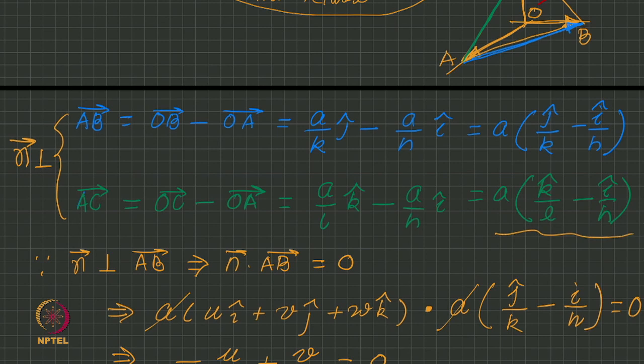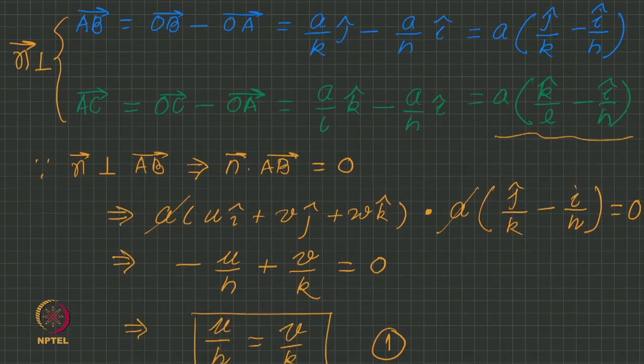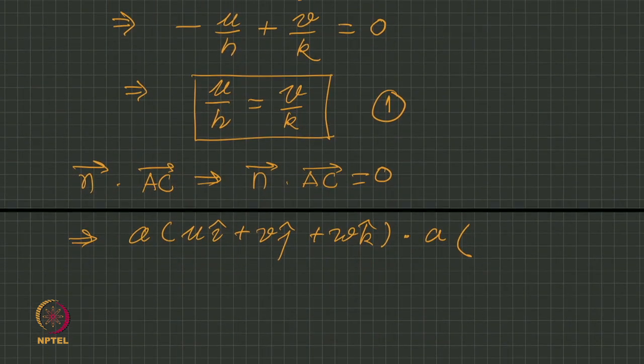Remember, we have found AC, k by L minus i by h, A times k by L minus i by h, and this is 0.